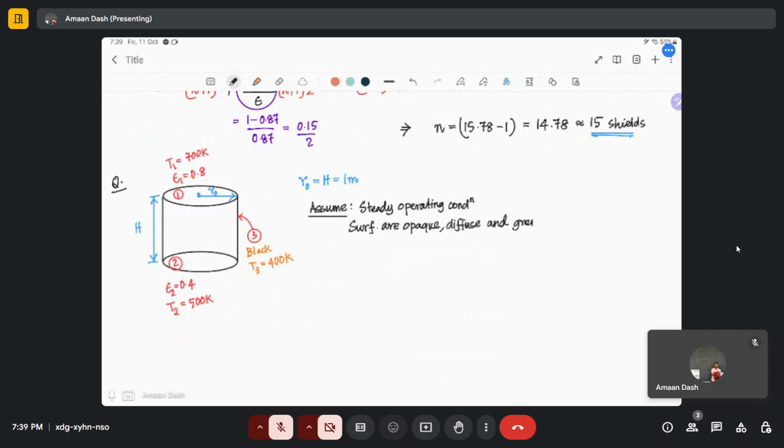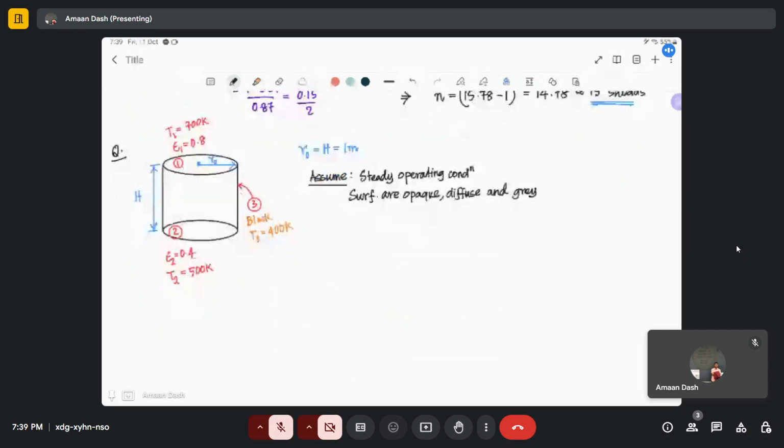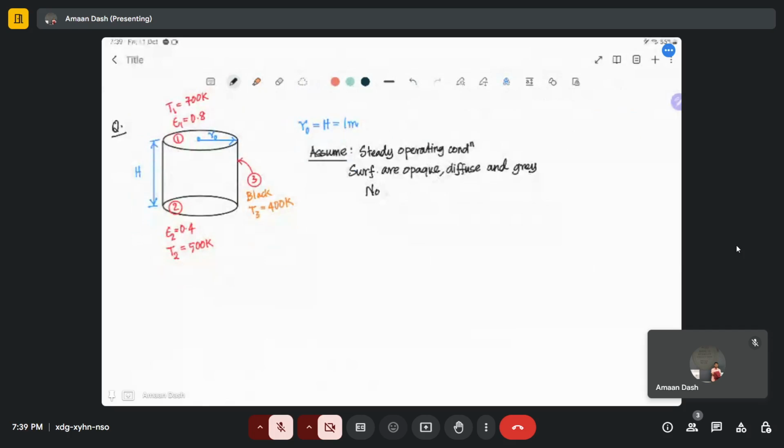So the top and the bottom surface have emissivities: the top surface has an emissivity of epsilon 1 is equal to 0.8, and the bottom surface has an emissivity of epsilon 2 is equal to 0.4. The top is maintained at a temperature of 700 Kelvin, and the bottom is maintained at a temperature of 500 Kelvin.